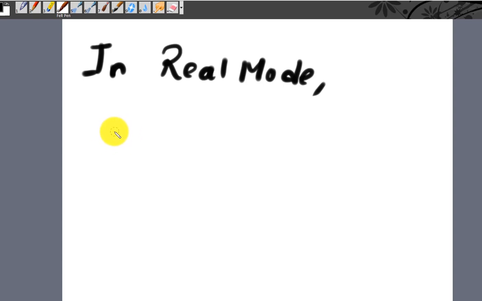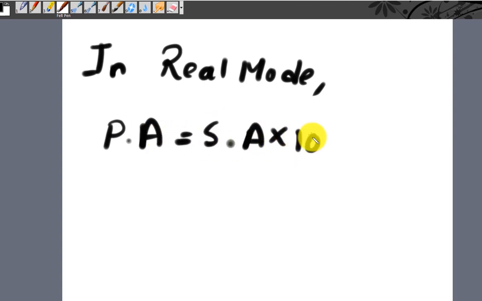As you know, in 8086 we calculated the physical address as segment address times 10 plus the offset address. Thus, it can access 1 megabyte of memory.